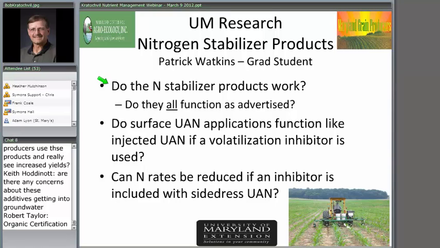The first one is, do the N stabilizer products work? And we know that nitrapyrin, NBPT, and DCD have been tested extensively, and I have no doubt that they work as they are described. The one I've been concerned about, and that's why I have here this, do they all function as advertised, is NutriSphere-N.